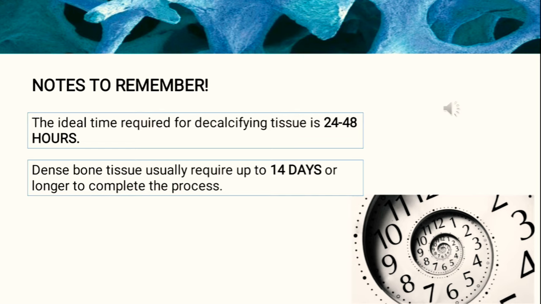The ideal time required for decalcifying tissue is 24 to 48 hours. And dense bone tissue usually requires up to 14 days or longer in order to complete the process of decalcification.